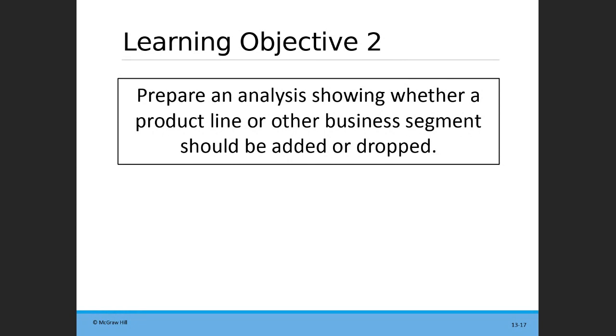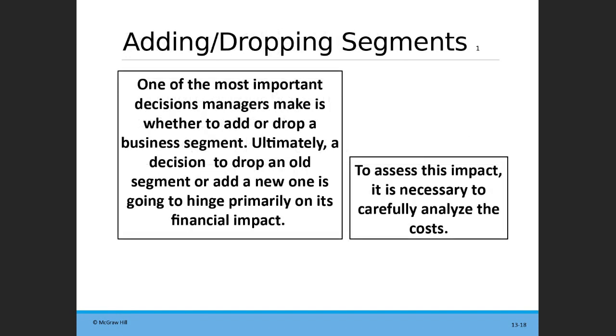So next objective, let's figure out if a product line or other business segment should be dropped or added. We're going to use our analysis techniques to figure out, hey, is this thing still useful to us? Will it still increase our profits? If something's going to continue making me profit, I want to do it.